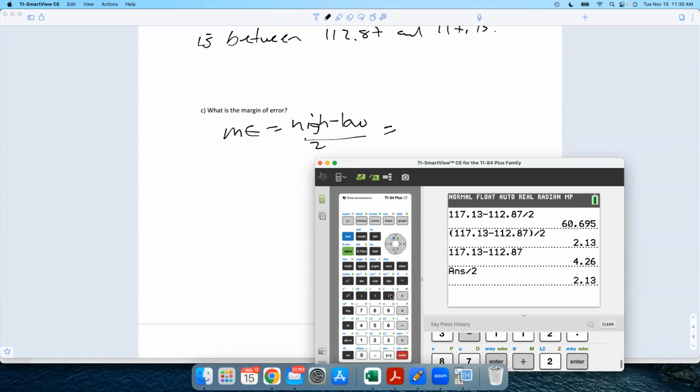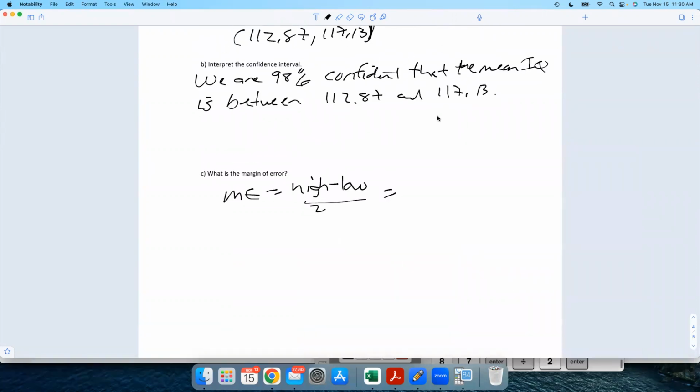Either way, we get a margin of error of 2.13 IQ points. It's not percent. That's all over 2, and that was 2.13.